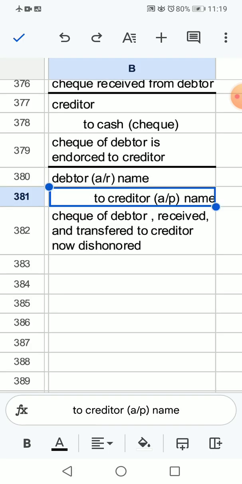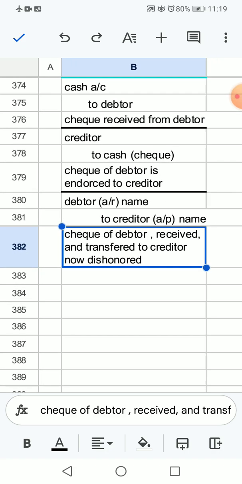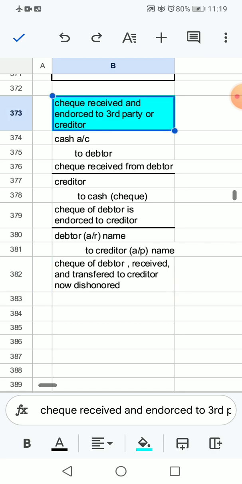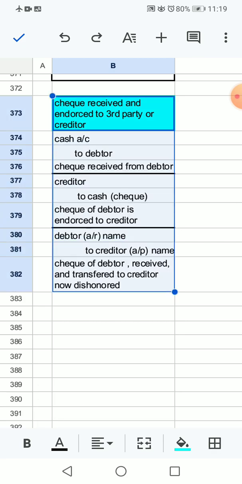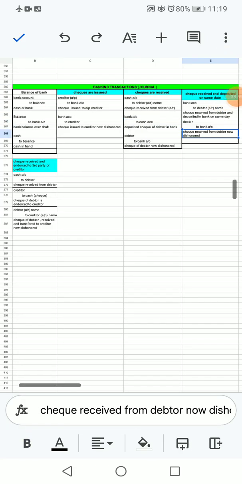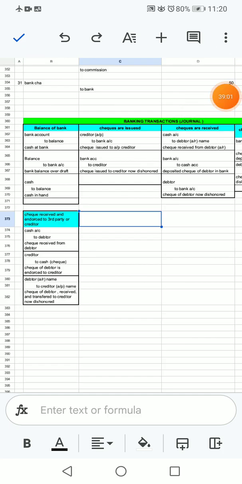So check of debtor which was received and transferred to creditor, now dishonor, you will generalize in this way. In this way we have completed this stage and we will proceed to the next stage. So you have seen first stage, second stage, third stage, fourth and fifth stage we have completed. Okay, we will now proceed to next.